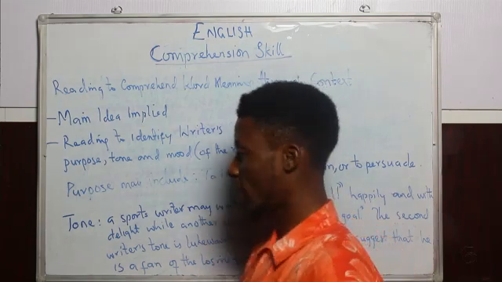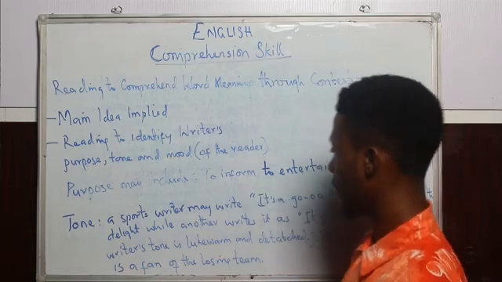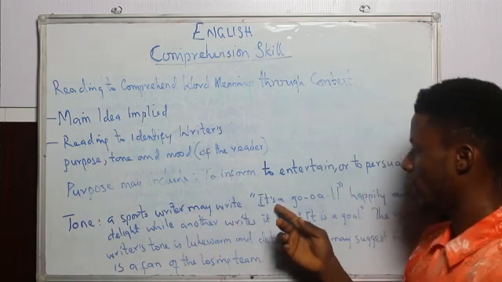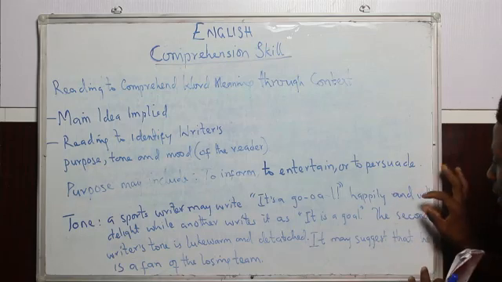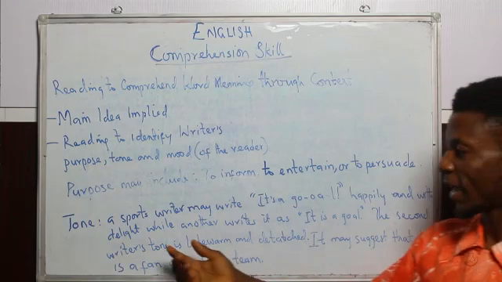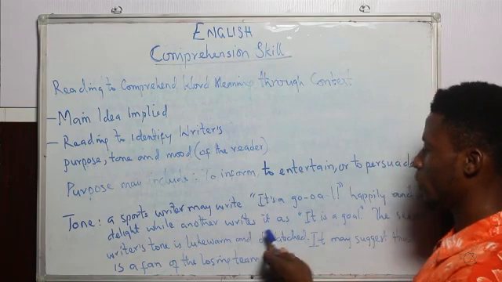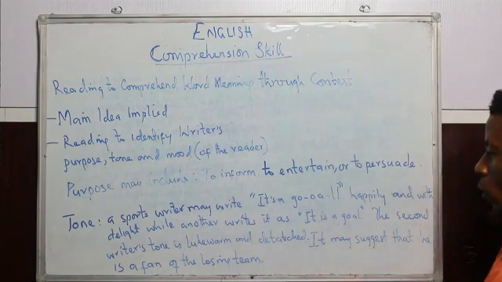A sports writer, like we have on the board, may write, "It's a goal!" This indicates that he is happy and delighted, while another writer would write it as, "It is a goal."